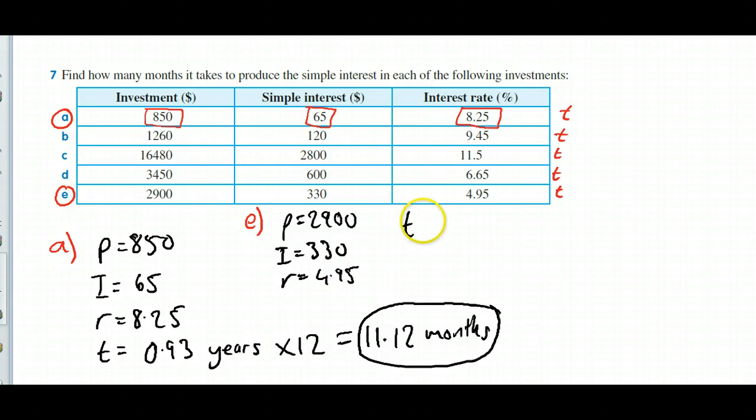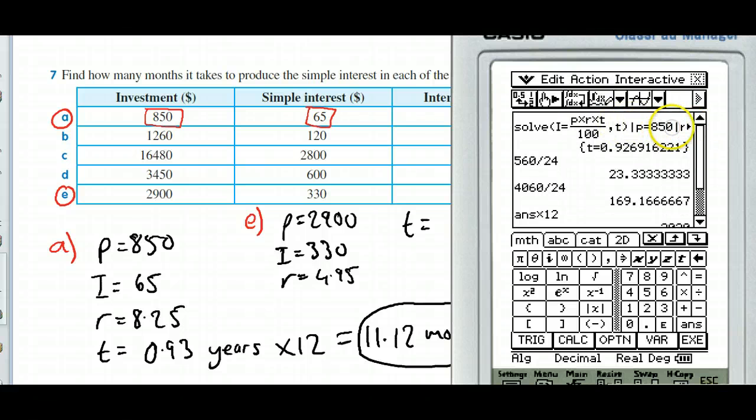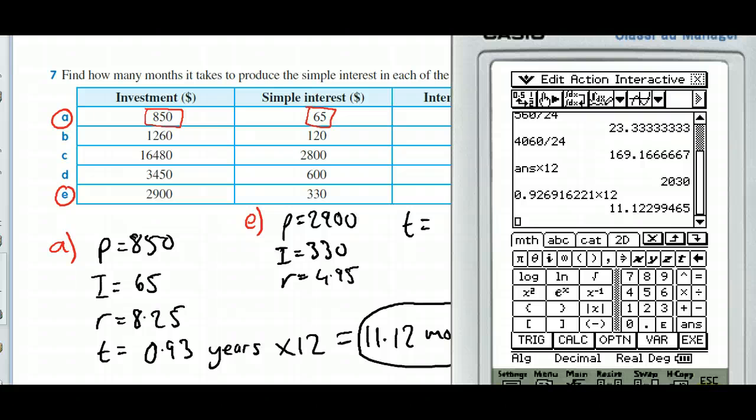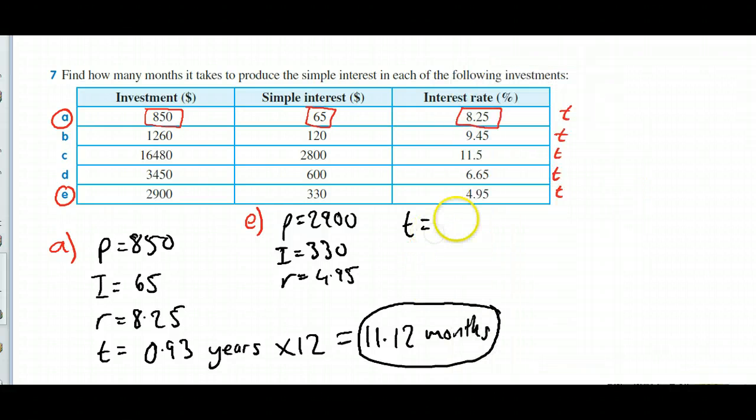So let's find T. $2,900 for P. R is 4.95, and I is 330, and we get T equals 2.298, or 2.299, I think, if we round it off.